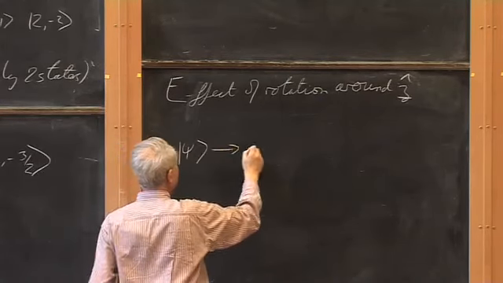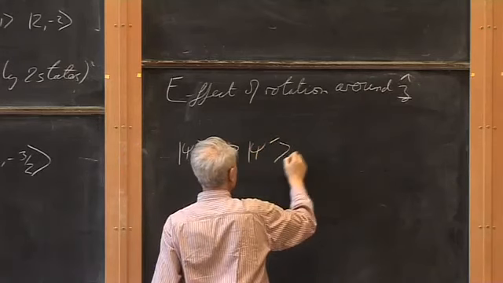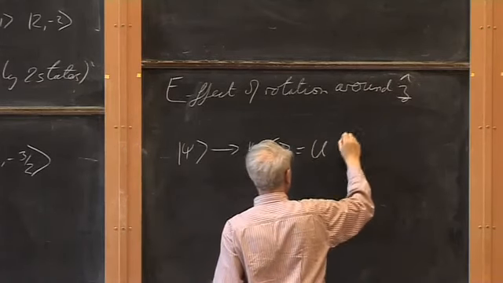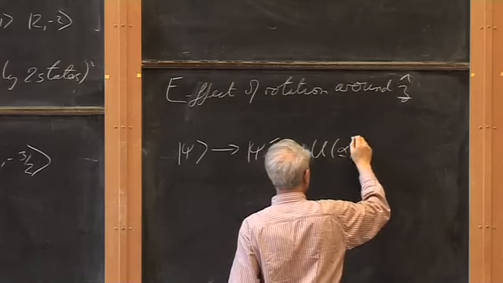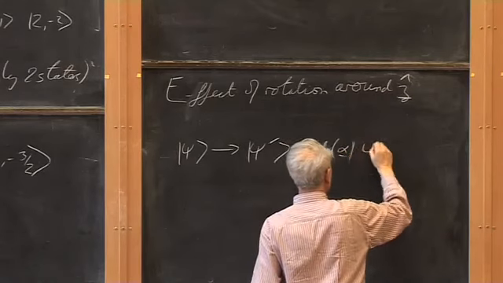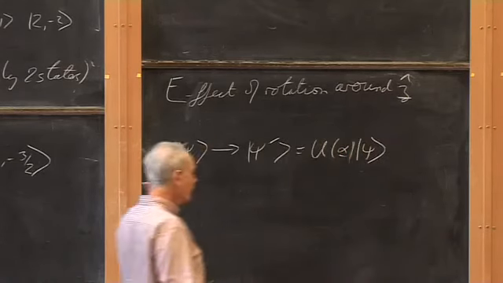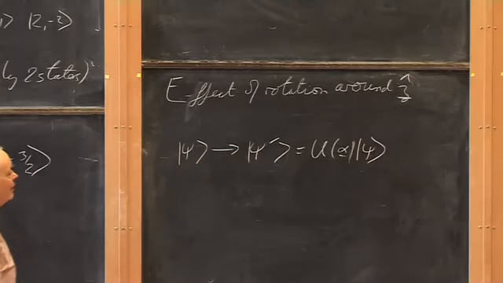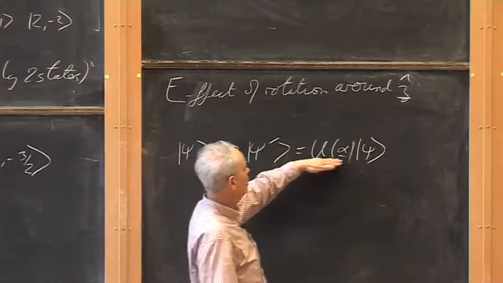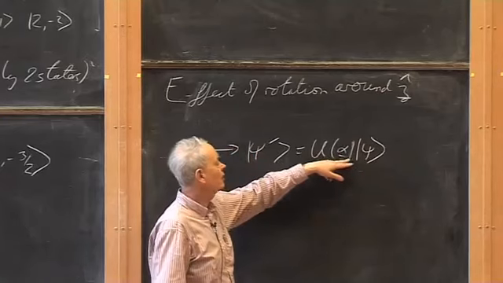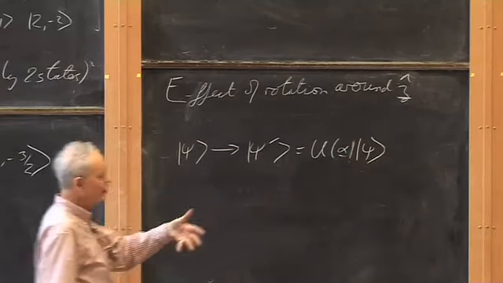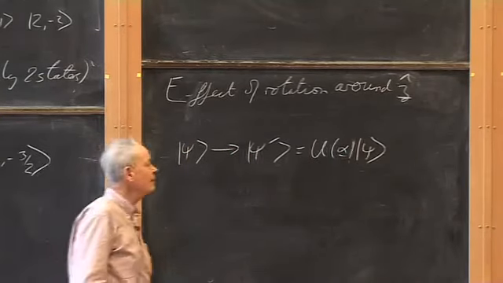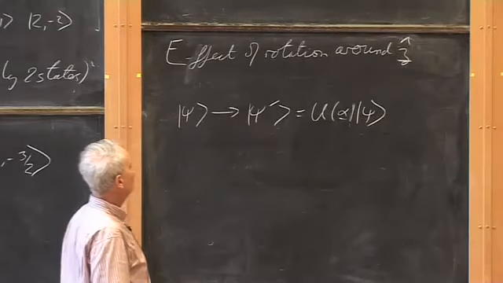Psi goes to psi primed, which is U of alpha acting on psi. These angular momentum operators came in as the things you put in an exponential in order to generate a rotation, the unitary matrix that makes you a new system, which is the old system rotated. So we want to see what we get now.